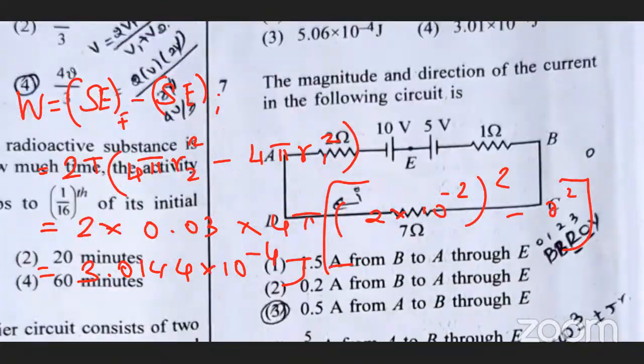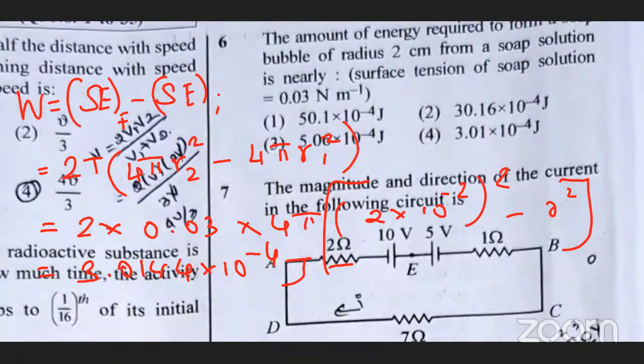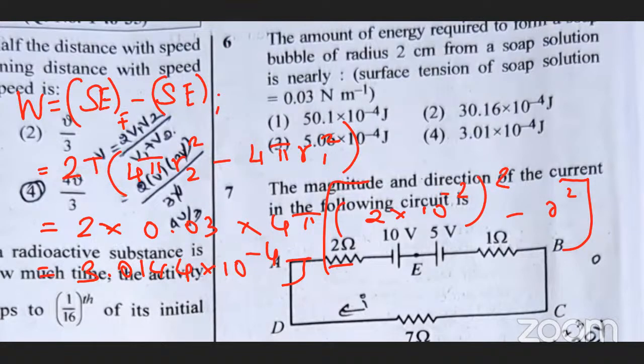Calculating all this, you get 3.0144 into 10 power minus 4 joule. So the answer for this question is 3.01 into 10 power minus 4 joule. It's option number 4.